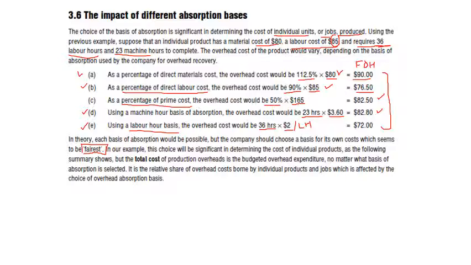So we should be very careful when we decide about the basis of our FH, because this is the third component of our product cost. And if, for example, you calculate FH which is not realistic, not near to actual, and much more than actual FH, what will happen? Your product cost would be high.